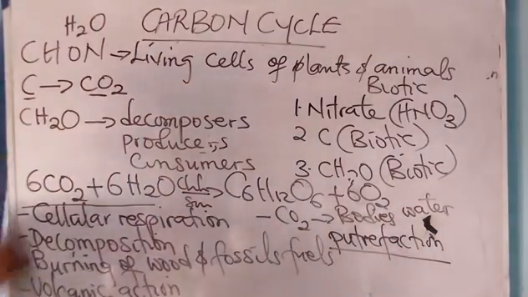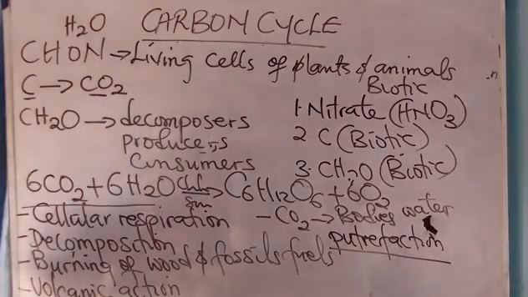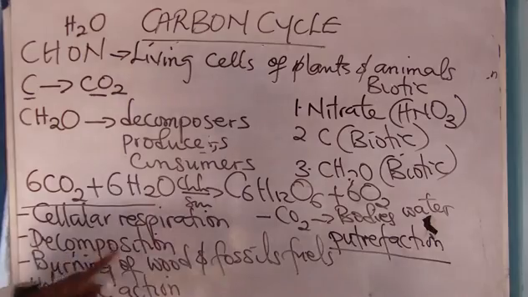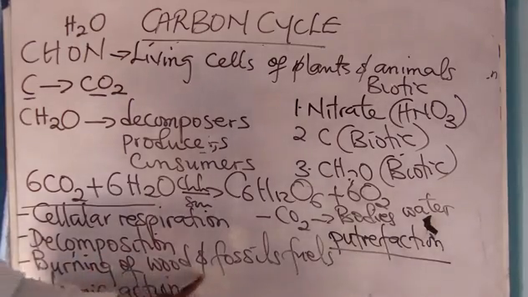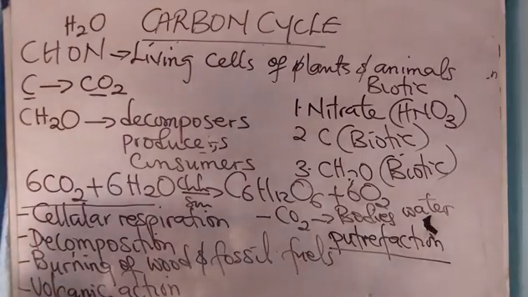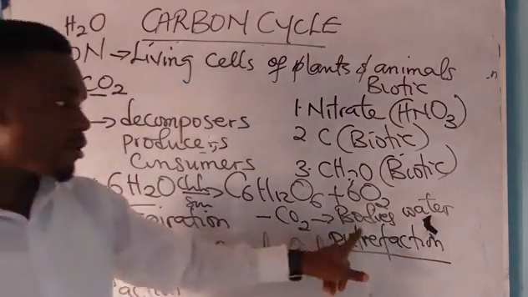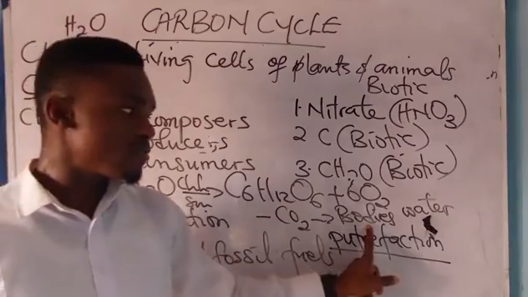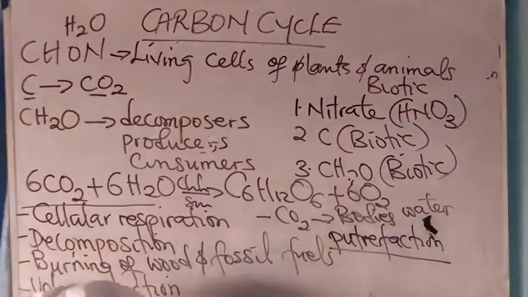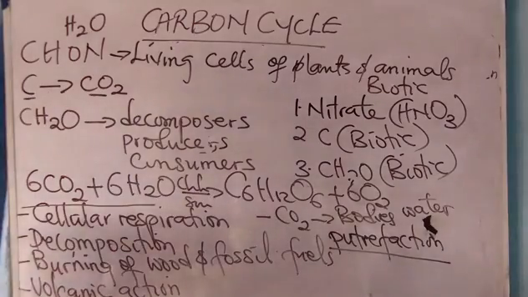So the instances where carbon dioxide is released to the atmosphere are cellular respiration, decomposition, burning of wood and fossil fuels, volcanic action, and release from the bodies of water by aquatic organisms. Take note of that.